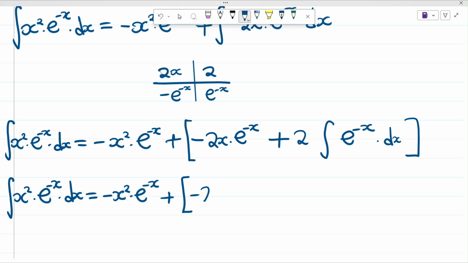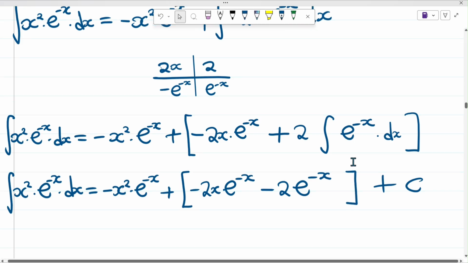So let me copy negative 2x e to the power of negative x. Then I integrate my guy here. When I integrate this guy, it is going to be what? Negative e to the power of x. So multiplied by the 2 outside is going to be negative 2e to the power of negative x. Then I close. I write my plus c.